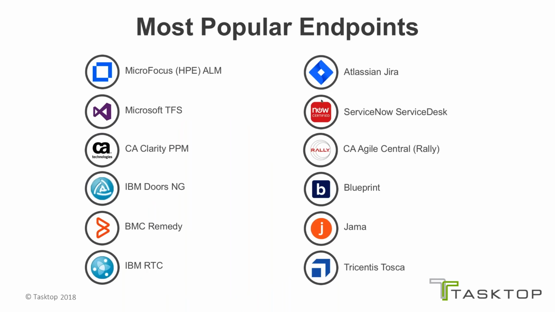This slide shows the popular endpoints we found when looking at all these companies and the tools they use. You'll see on the left side here there's Micro Focus, HPE, ALM. I don't think anybody is surprised here, and this is due to a lot of these companies being large enterprises. And on the left side, you'll see TFS, IBM Doors NextGen, and then on the right side, you'll see Jira, ServiceNow, Jama.